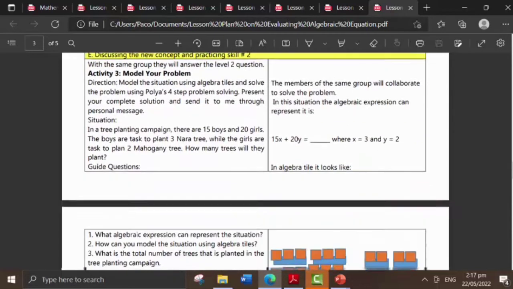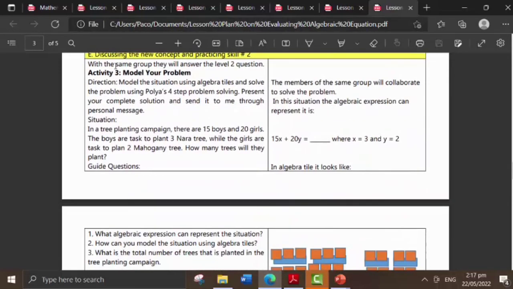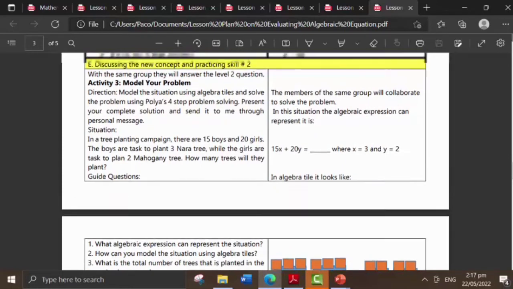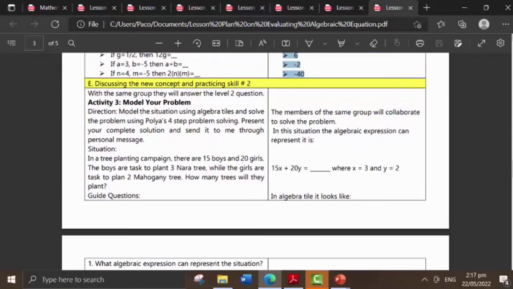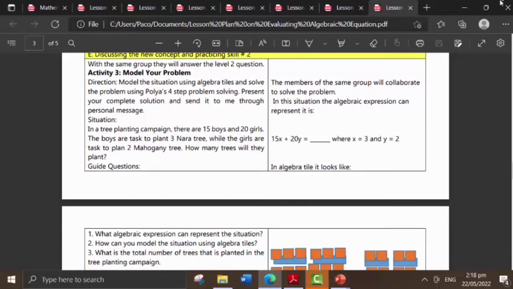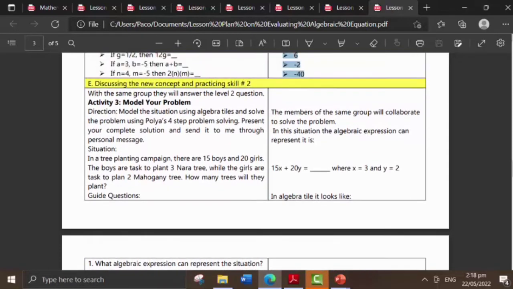And then for another activity, we have the part discussing new concept and practicing skill number 2, so that the students can continue practicing and hone their learning or apply their learning as they go through a series of activities like this one, model your own problem. This can also be a second part for your game, or just another set of activities related to the same topic, of course.